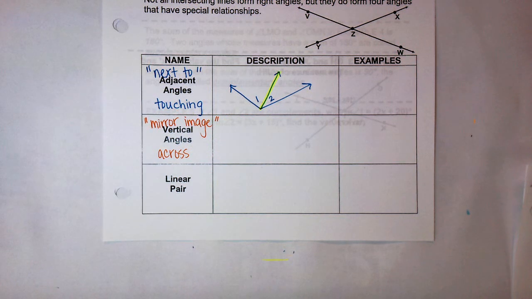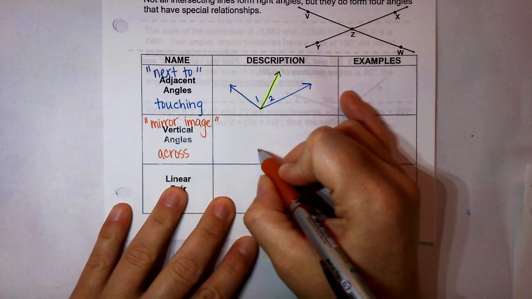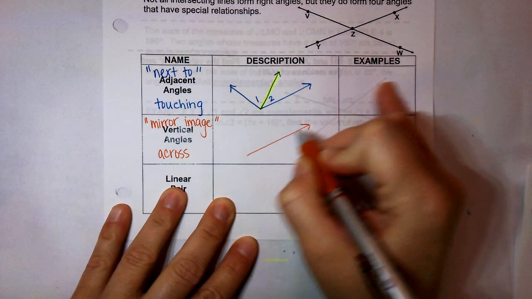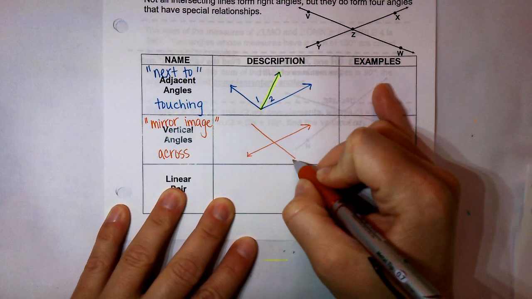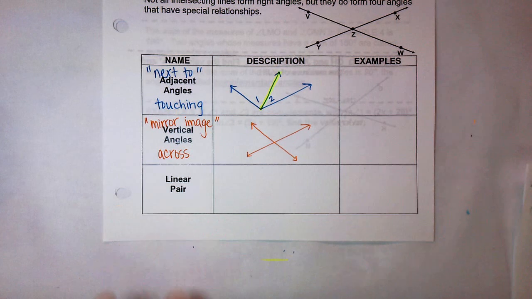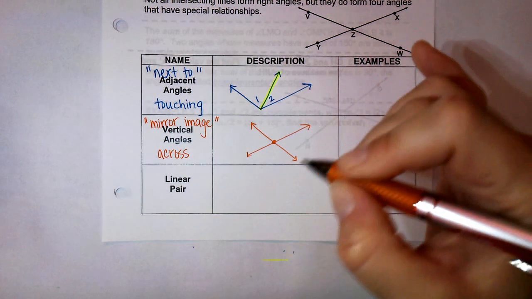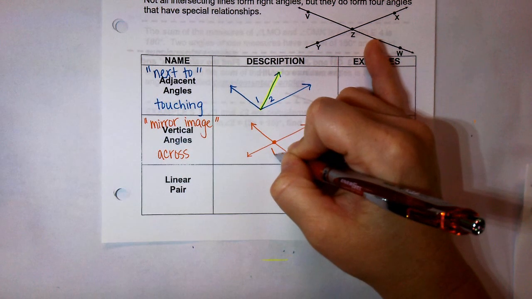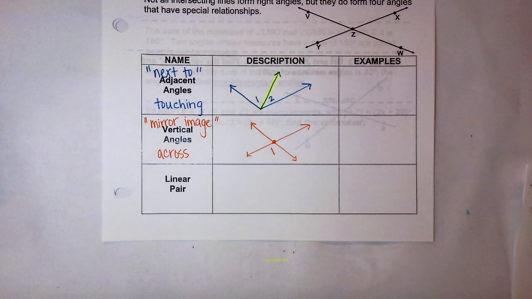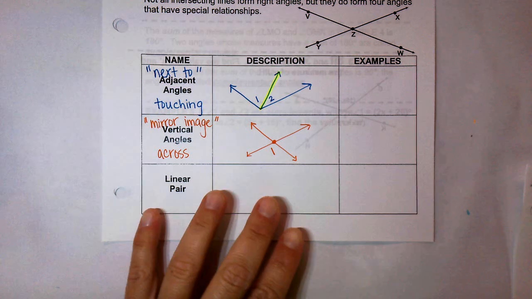So, if I draw my two angles, I'm just going to draw an X. I need angles that are across from the vertex. So if the vertex is here in the center, and let's say I'm on the bottom. I'm angle 1 on the bottom. What's across from angle 1? Would it be left, right, or up? Up.